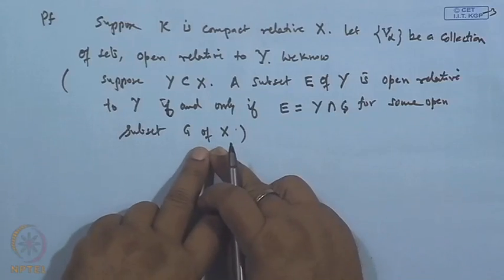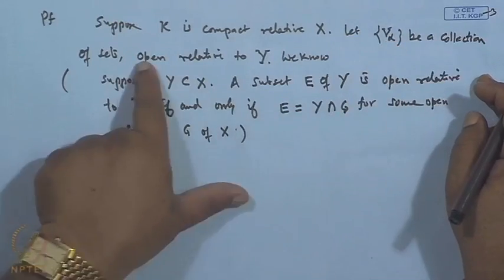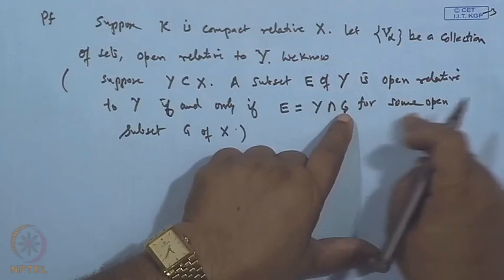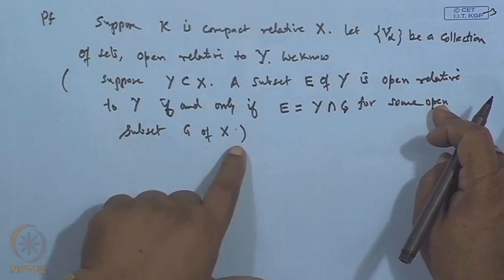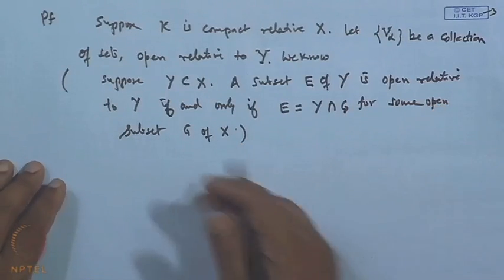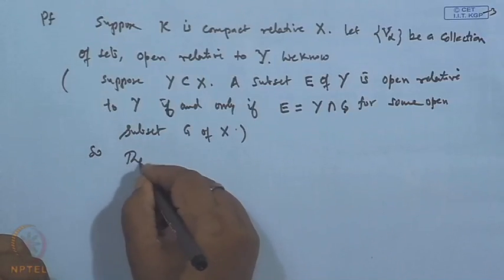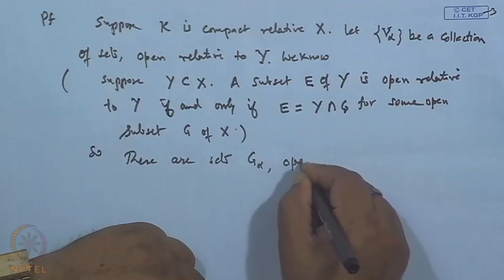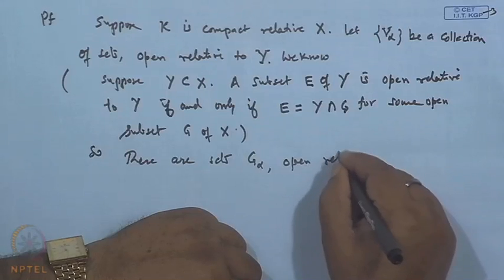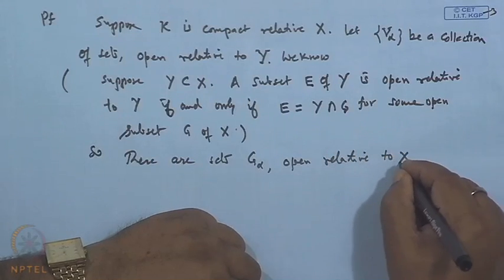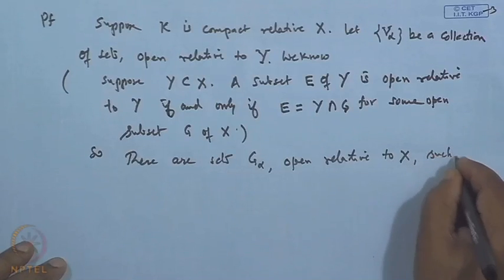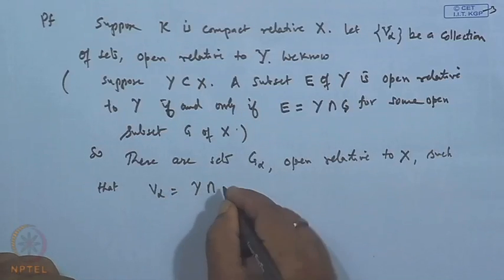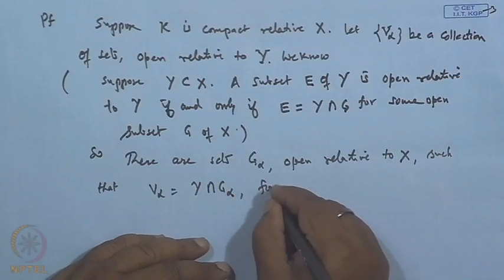Okay. So, using this result, if V alpha is given to be open relative to Y, then according to this result, V alpha can be expressed as Y intersection G alpha for some open subset G alpha of X. So, they are all sets G alpha open relative to X such that V alpha is nothing but Y intersection G alpha for all alpha.